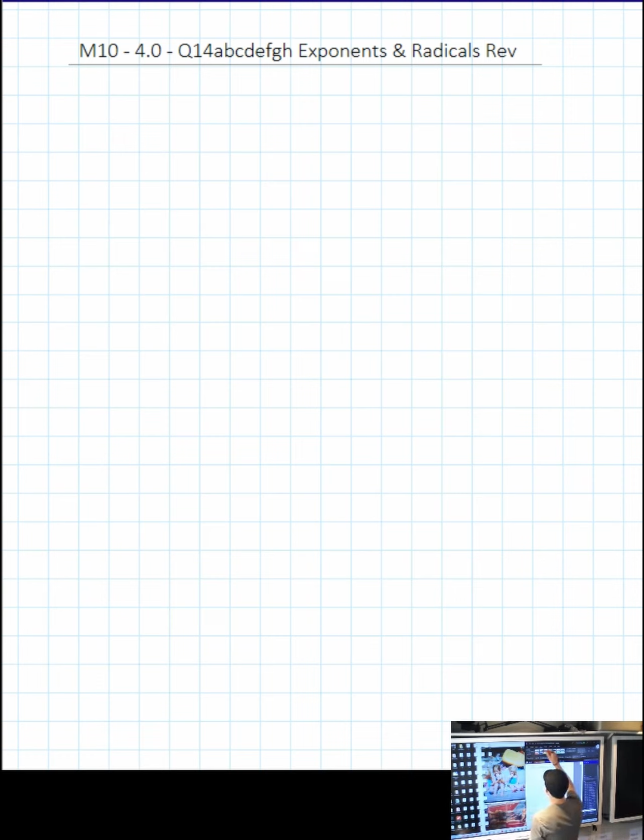Okay, question number 14A. Is this a perfect square, perfect cube, neither or both? Well, first thing I'm going to do is a whole bunch of work off to the right. So 1 squared equals 1, 2 squared equals 4, 3 squared equals 9, 4 squared equals 16, 5 squared equals 25.